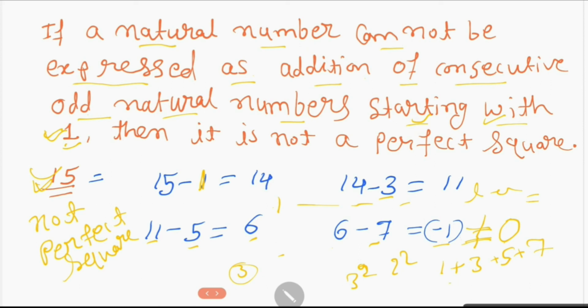We don't have to add these numbers. This addition will be 16, because these are the first 4 odd numbers, and when we add the first 4 odd numbers we get 4 square. 4 square is 16. So this is the result and conclusion for adding odd numbers.